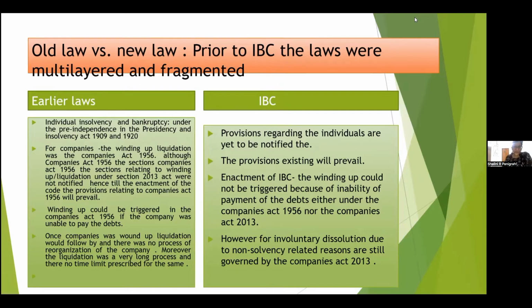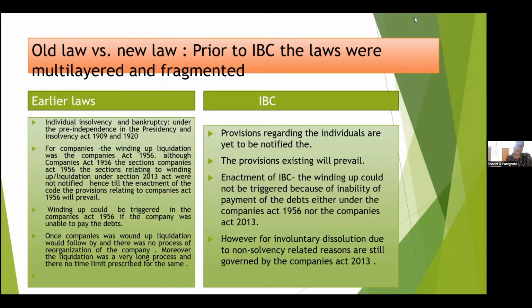But now it has been changed and the Companies Act 2013 is in force. Although the sections relating to winding up and liquidation under the 2013 Act were not notified. Hence, till the enactment of the code, the provisions of the Companies Act 1956 are still prevailing.